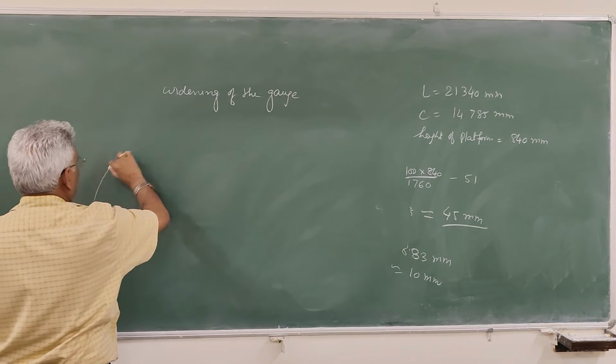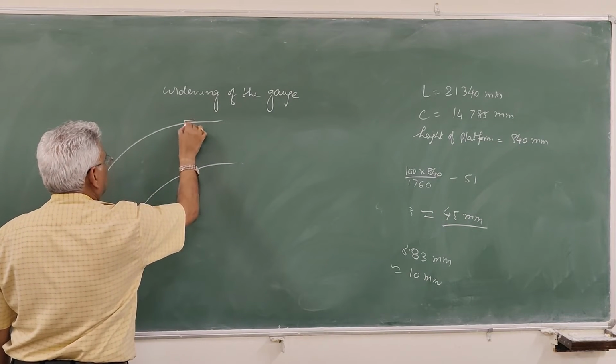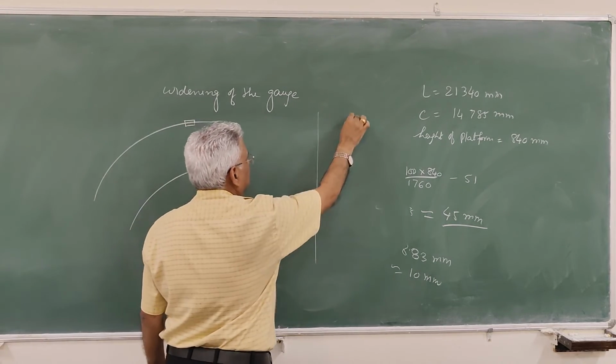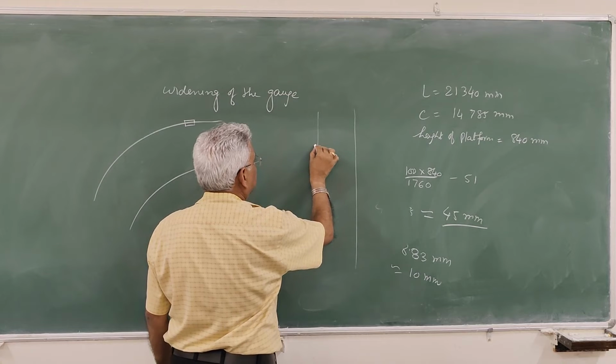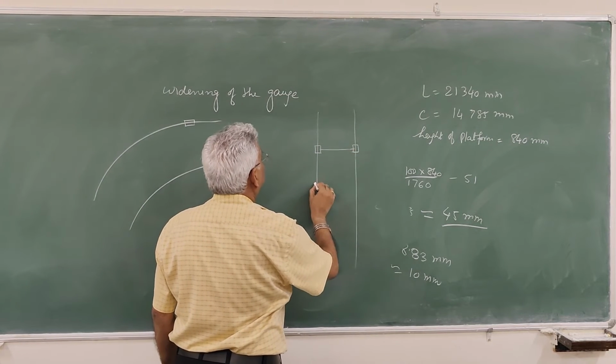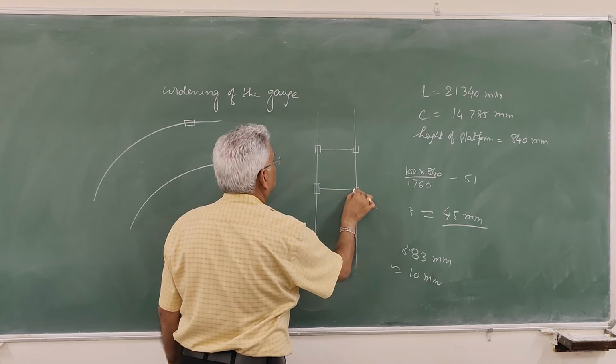Now what happens when a train negotiates a horizontal curve on a normal tangent track? Because of coning of wheels, the two wheels of the bogie are centrally placed, clear of the rail.